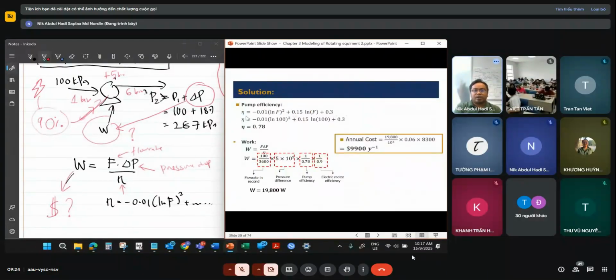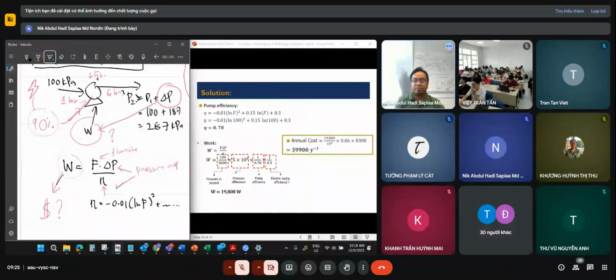First, we are to calculate the pump efficiency by using the flow rate here. From this, we can get the efficiency equal to 0.78, 78%. Then we calculate the work from this equation by also taking into consideration the pump efficiency together with the electric motor efficiency.